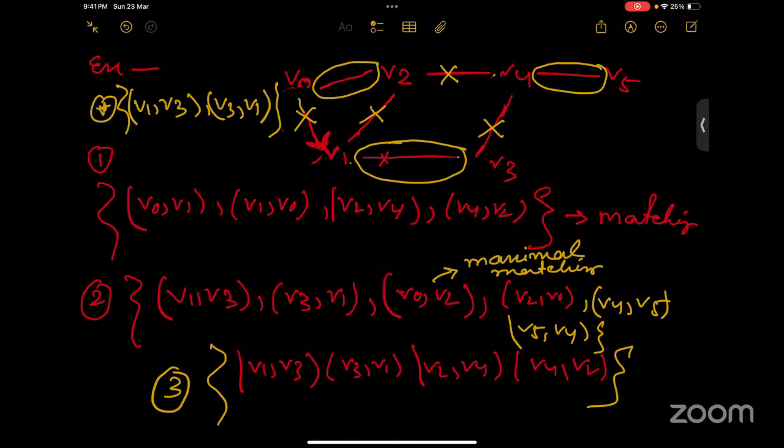I just explained why we use the word maximal, not maximum: the cardinality is 6, but there can be other representations, right? So we can start with V0, V1, then check the others. There can be other representations with 6 cardinality. Are you getting the point?